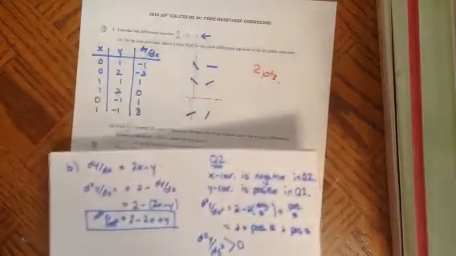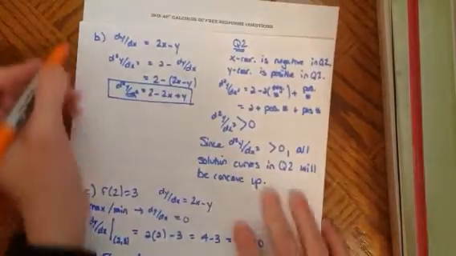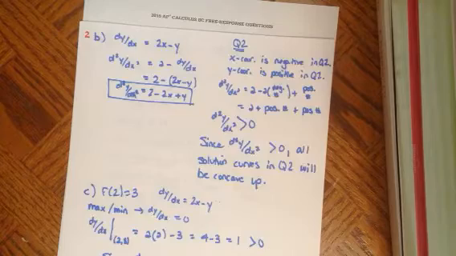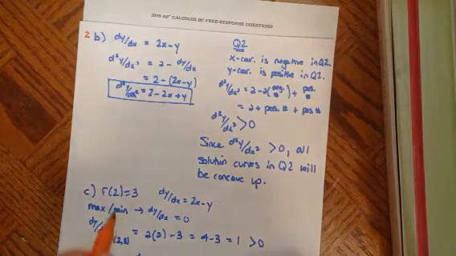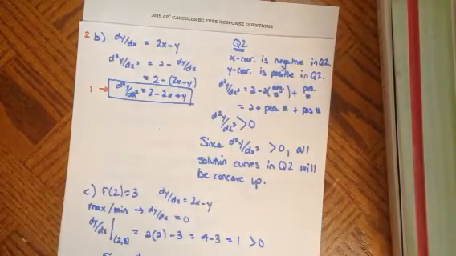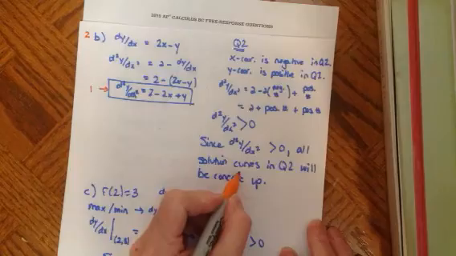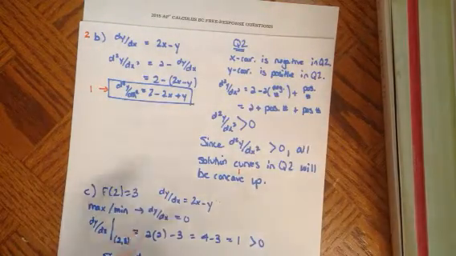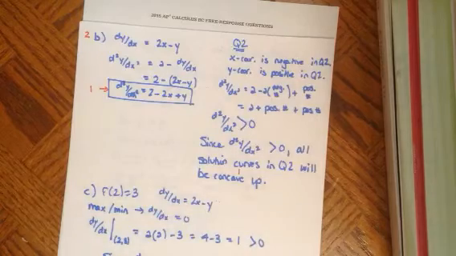The first part was worth 2 points. Part B is also worth 2 points. They gave us 1 point for coming up with the second derivative, and then 1 point for determining the concavity, with all of this explanation.